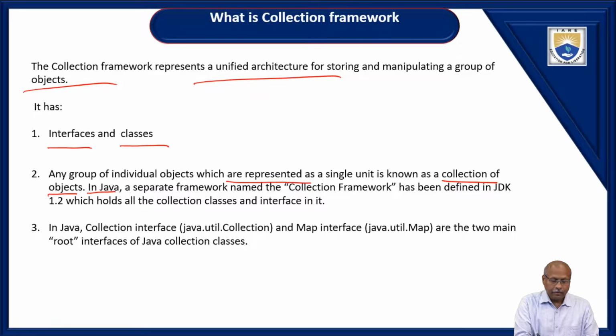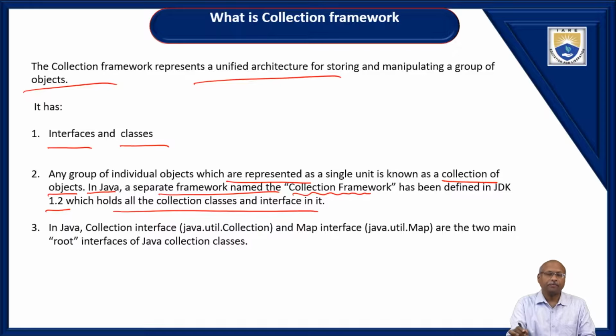In Java, this is a separate framework known as the collection framework. So generally we will say collection framework. In the collection framework you can store a group of similar kind of data in a single place. It has been defined from JDK 1.2 onwards. Earlier it was not there, but from 1.2 onwards you will be using this collection framework, which holds all the collection classes and interfaces in it.